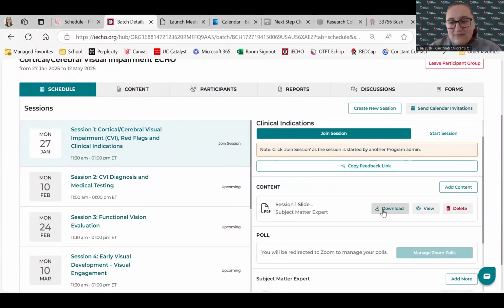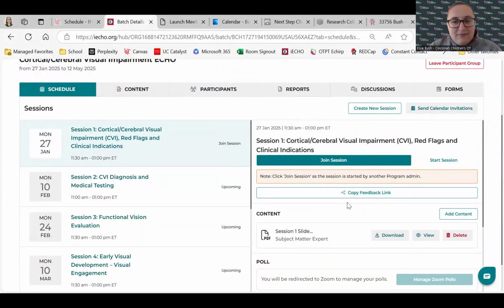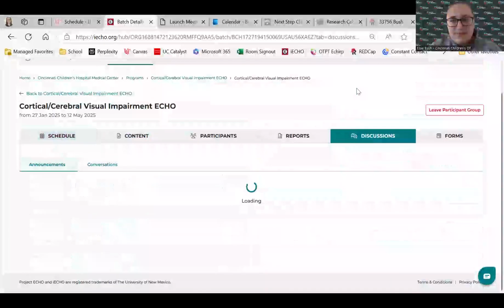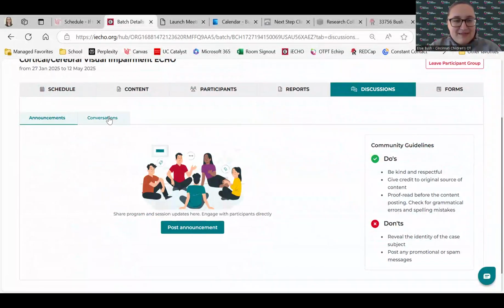But then we'll also have the slides where you can download right here to access the place where I'm going to put handouts, because this content thing, every time I put a document into it, I think it sends an alert that something's been posted. So instead, there's going to be a discussion thread up here up top, every session.